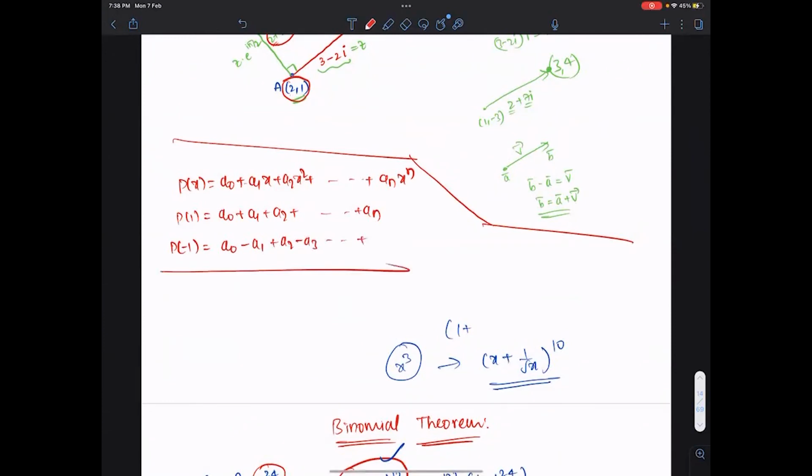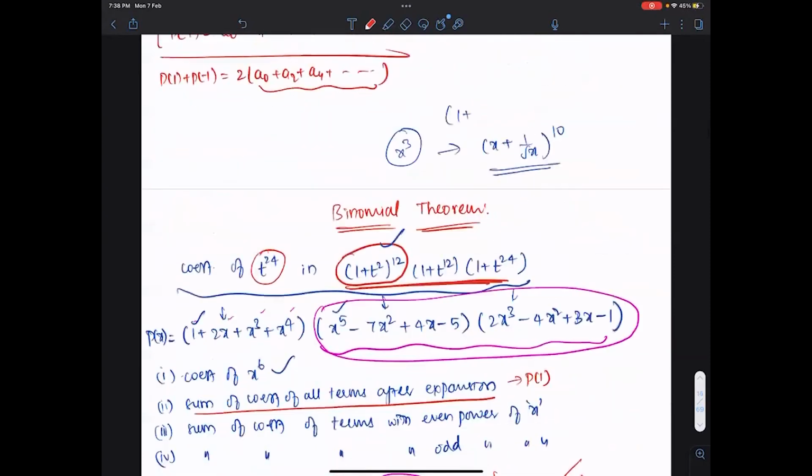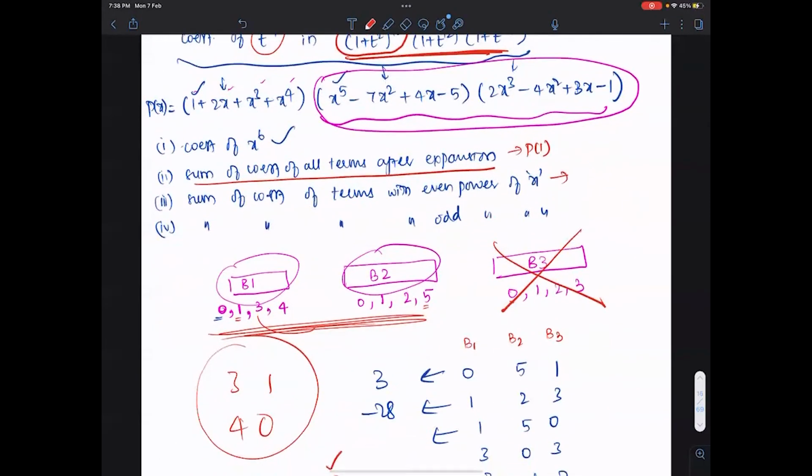If you add both of them, P of 1 plus P of minus 1, what will you get? a1, a3, all those will get cancelled, and the right side will be nothing but the sum of coefficients of even powers. So the sum of coefficients of even powers is P of 1 plus P of minus 1 divided by 2.